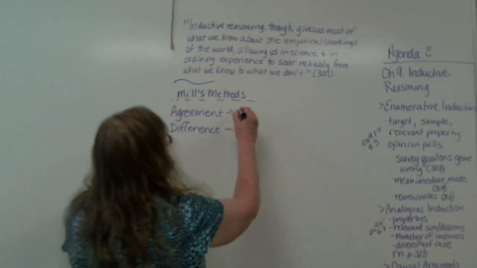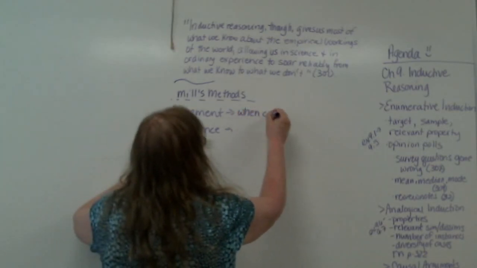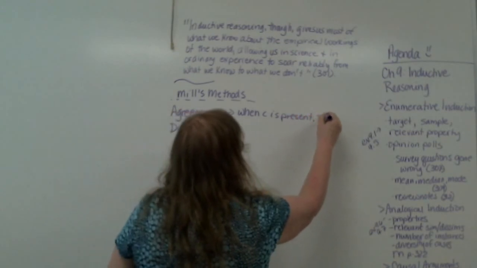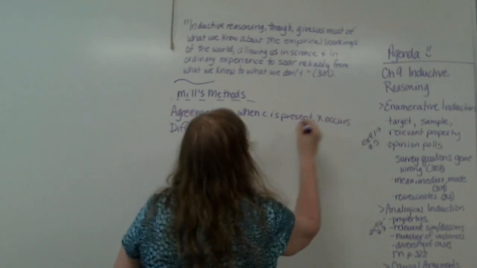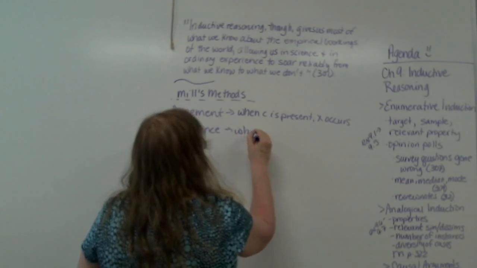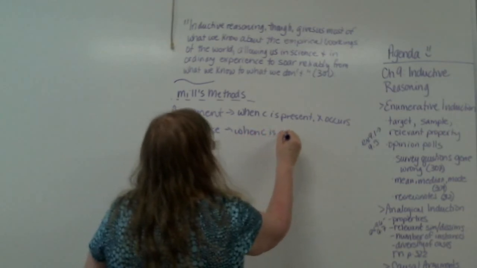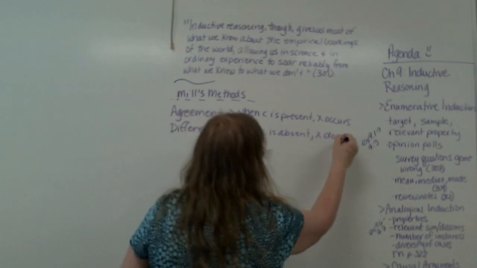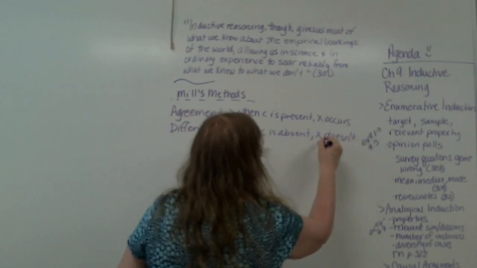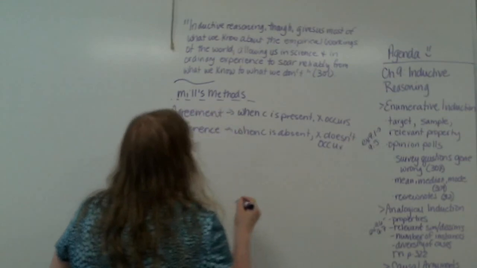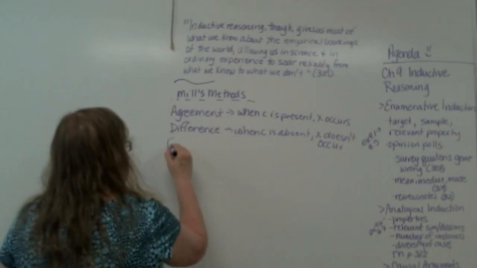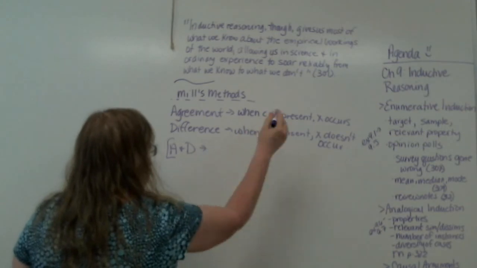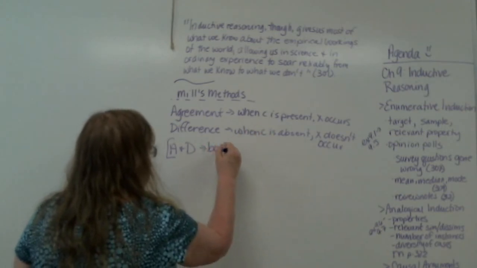This is basically when C is present, X occurs. This is when C is absent, X doesn't occur. Okay. Now, a lot of the times we do A and D, agreement and difference, and both of those work.